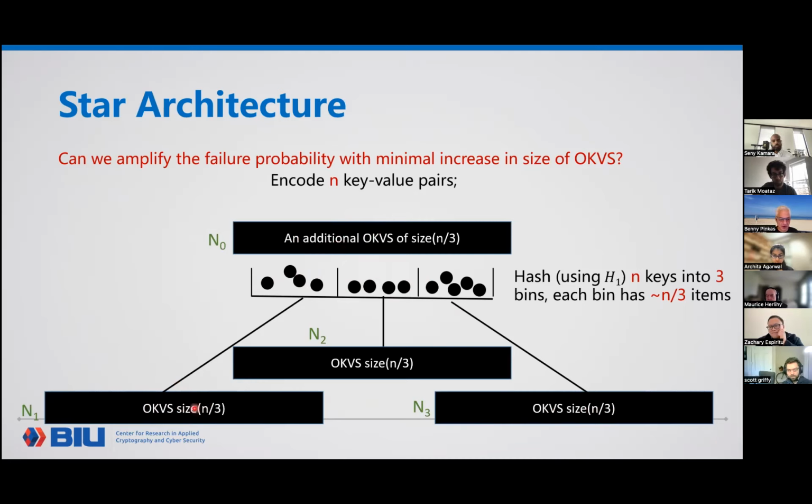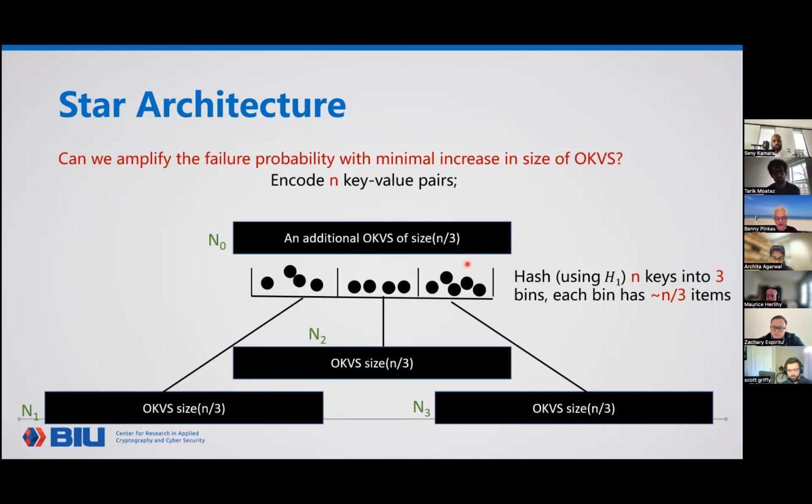I XOR the two, and this is my final output. For an item I put here, I retrieve a value from here and a value from the top, and I get the final output. The same if a value was mapped here: I retrieve something for it from here, something from here, and XOR the two.